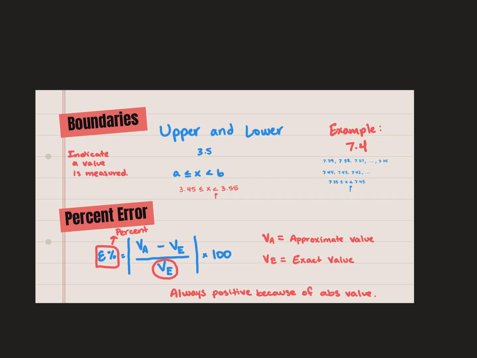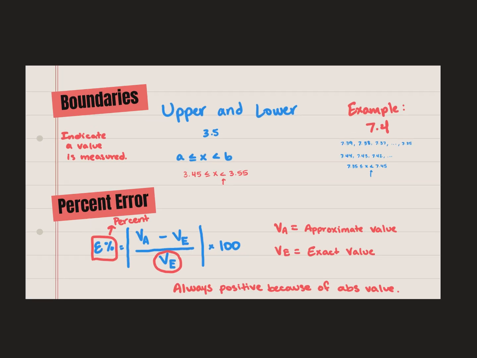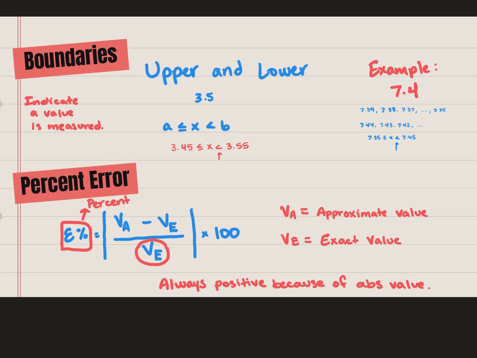We're going to do an example in another video after this. Let's say I wanted to find the percent error where my exact value for the measurement was really 3.53. That was my exact.